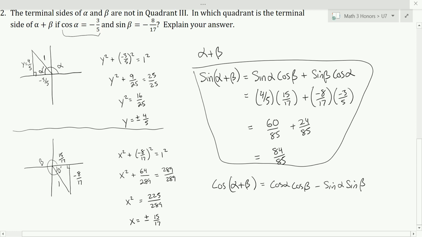And from our pictures, the cosine of alpha is negative 3/5. The cosine of beta is 5 over 17. Minus the sine of alpha, which is 4 over 5, and the sine of beta, which is negative 8 over 17.